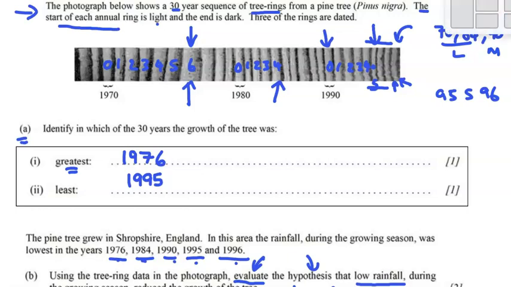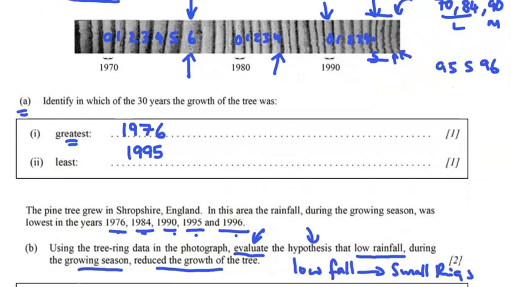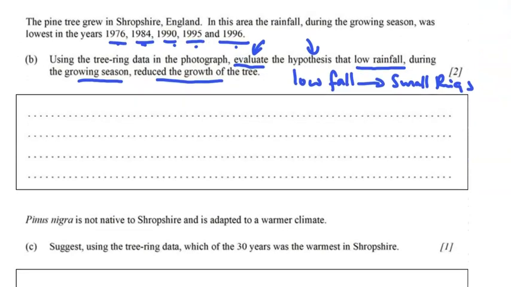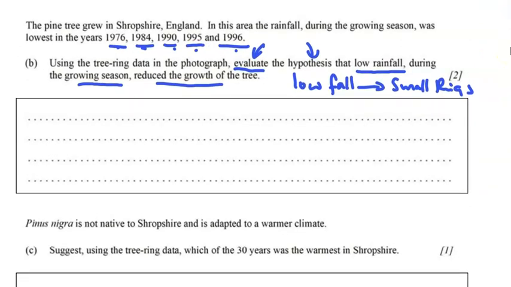So overall, if we then come back to the evaluation, does the data fit the pattern that with low rainfall you get reduced growth in tree rings, so low rainfall, small tree rings? And I would say that the data does not fit the trend.